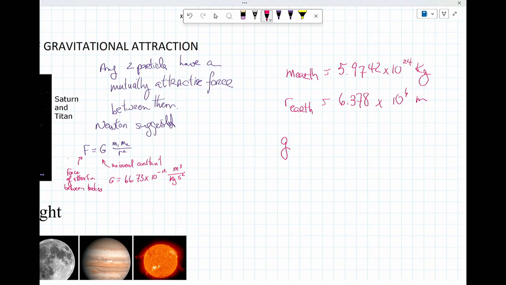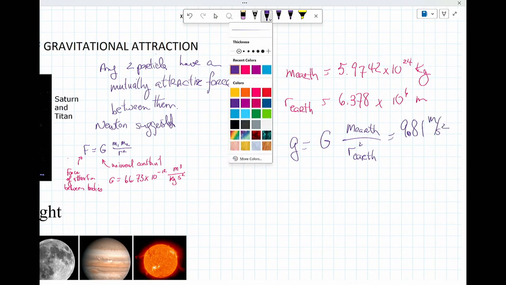Little g is equal to that universal constant, times mass of the Earth, over radius of the Earth squared. And no surprise here, it's the gravitational constant.